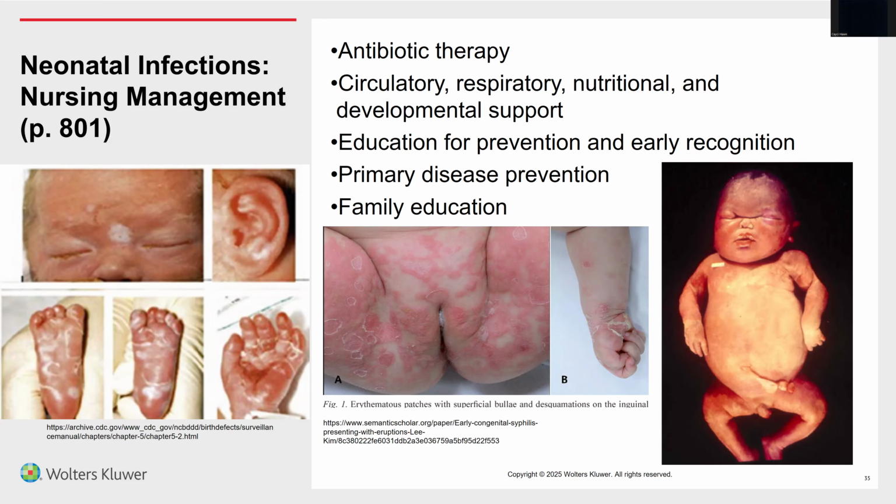Now, all of these pictures that I'm showing you right now are babies with congenital syphilis, and unfortunately, congenital syphilis is on the rise in our state of Tennessee, which is very scary. We went from 3 years ago, 60 cases to well over 100 cases.